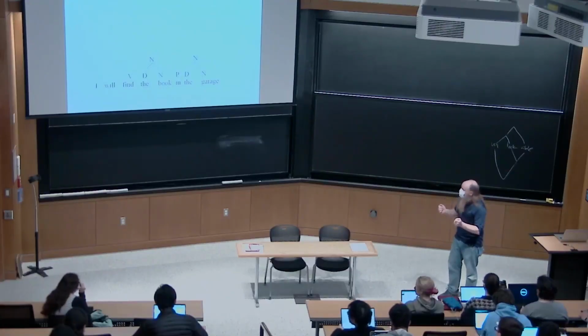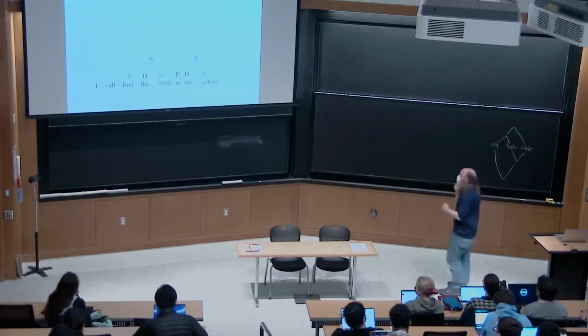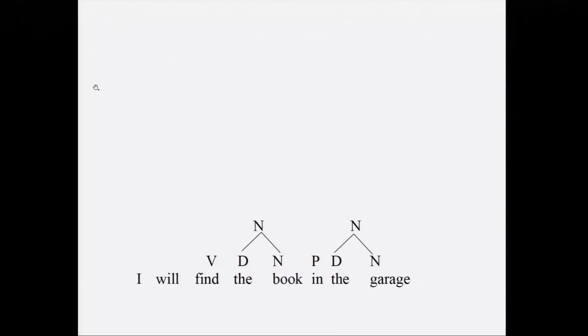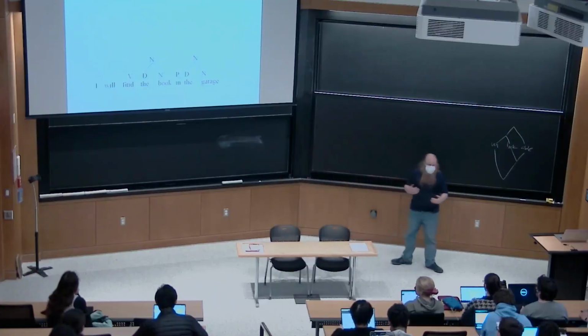The other thing we said, so I've just gotten started on building a syntactic structure for this sentence here by saying, yeah, we've got these two nouns, book and garage, which are preceded by determiners the, which should be merged together with these nouns to form larger objects.